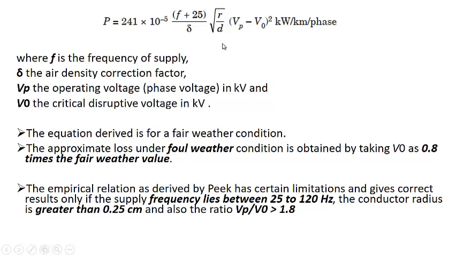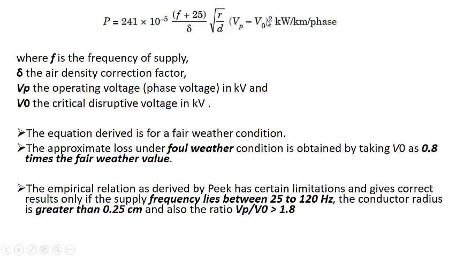Two things you need to understand from this equation. First, the constant 241: in some books it is written as 241, in some books 244, in some books 245. So you can choose this value as you like, 241, 244 or 245. Second, the nomenclature for Vp and V0 changes from book to book. Some write V0 and some write Vd.